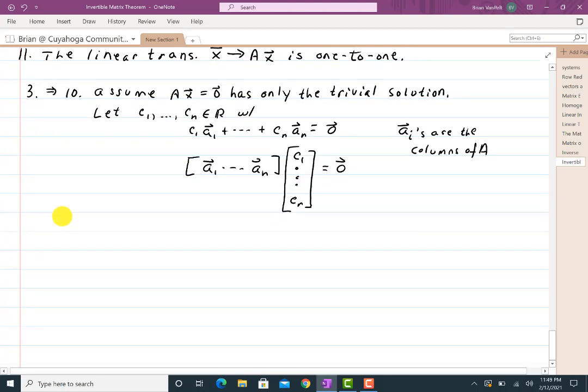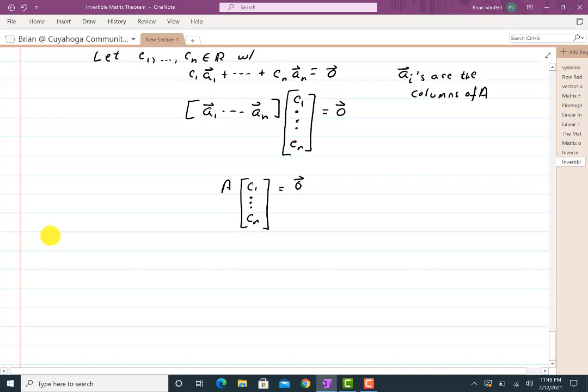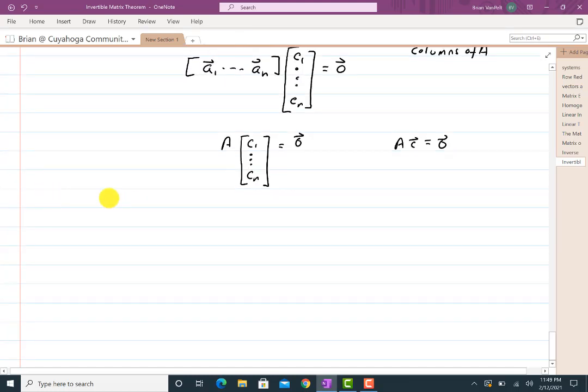And I can go one further. But remember, an equation like this only has the trivial solution. I'll put it over here. All right, we only have the trivial solution.